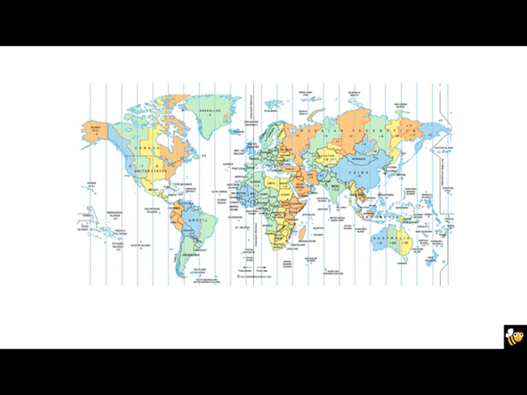For example, if it is 12 noon at Greenwich, then the time at 15 degree east of Greenwich will be ahead by 1 hour of Greenwich time.